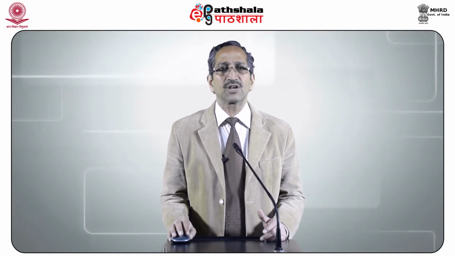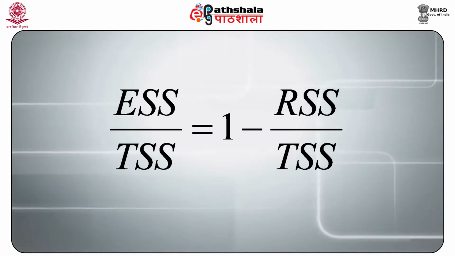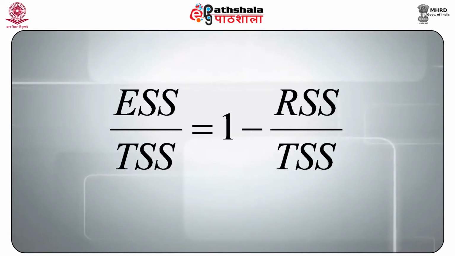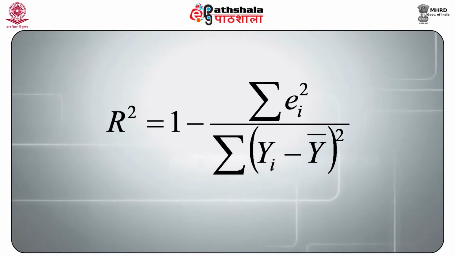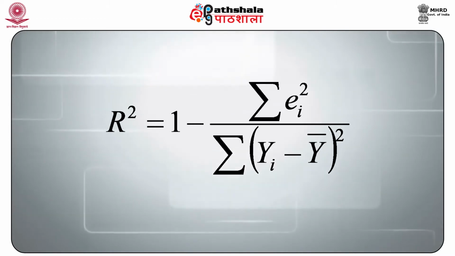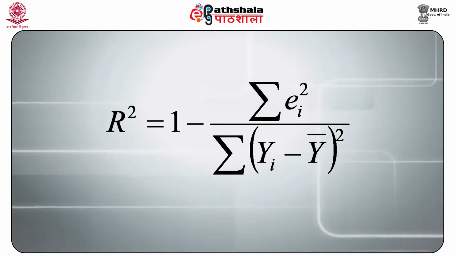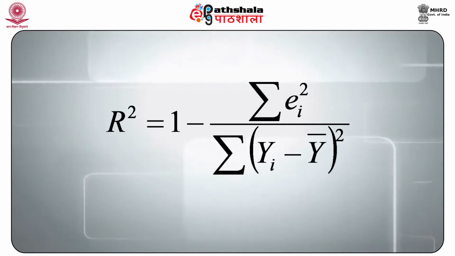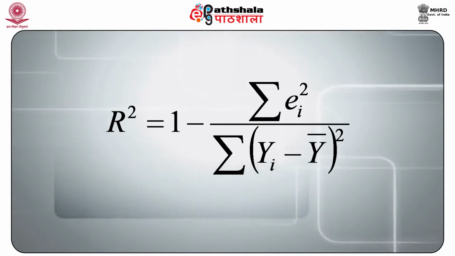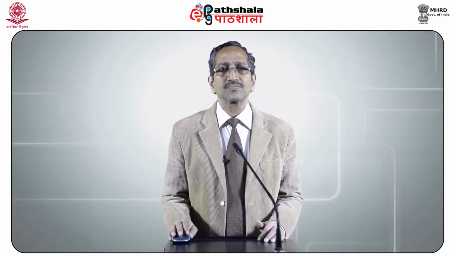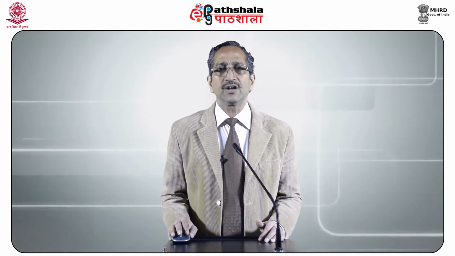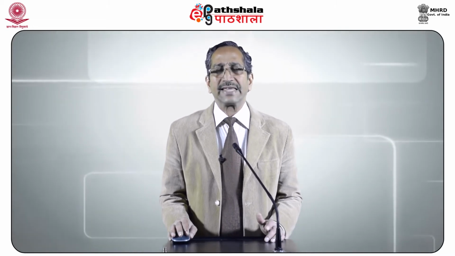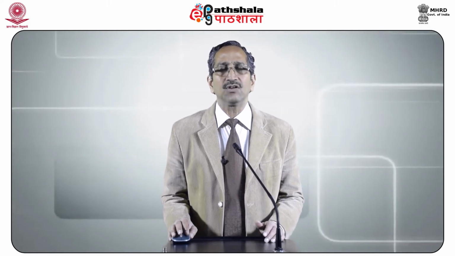If we rearrange equation 9, we can also write that the explained sum of the squares over the total sum of the squares is equal to 1 minus the residual sum of the squares upon the total sum of the squares, which means we can say that r square is equal to 1 minus summation ei square divided by summation (yi minus y bar) square. This is our 10th equation. You will find that r square is a non-negative quantity because it is the square of a term, and its value, you can see, would lie between 0 and 1.